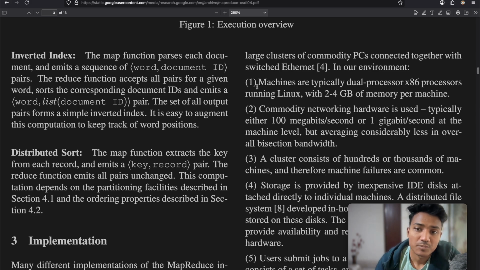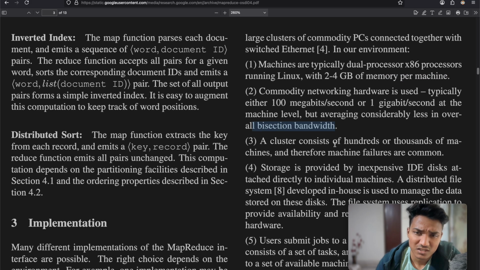Machines are typically dual-processor x86 running Linux with 2 to 4 GB of memory per machine. Commodity networking hardware is used, typically either 100 megabits per second or 1 gigabit per second at machine level, but averaging considerably less in overall bisection bandwidth.